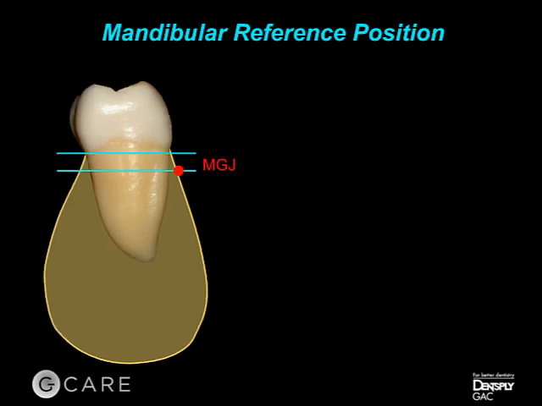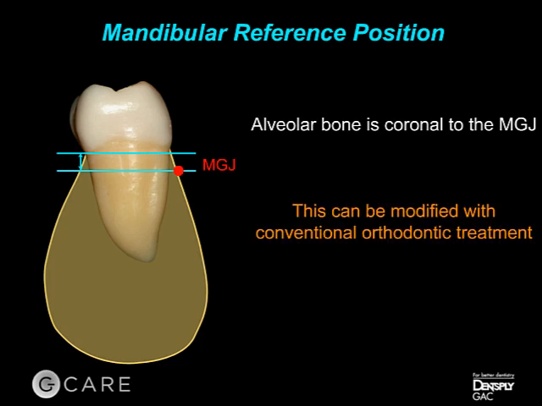If we're looking at the mucogingival junction, basically anything coronal to that is going to be the alveolar bone. And this part is something that we can modify with conventional orthodontic treatment. Just by putting on brackets and wires, we have the ability, as we tip this tooth buccally or lingually, to change the anatomy of this section of the jaw.